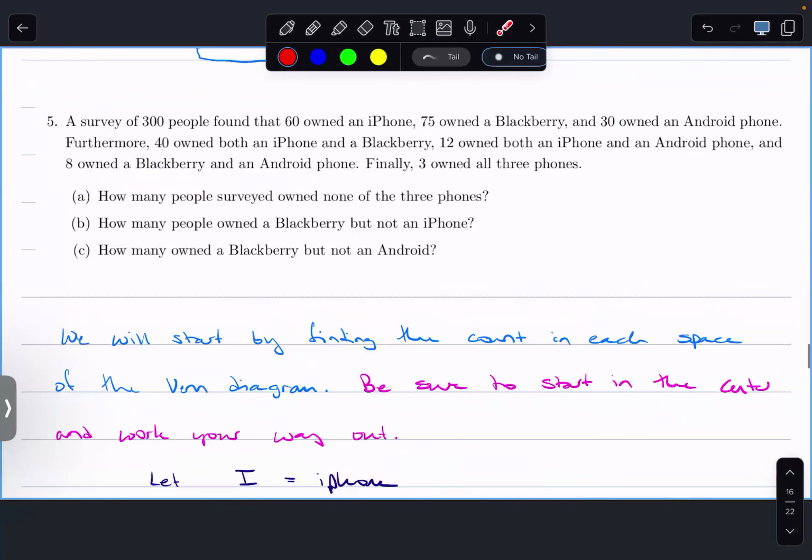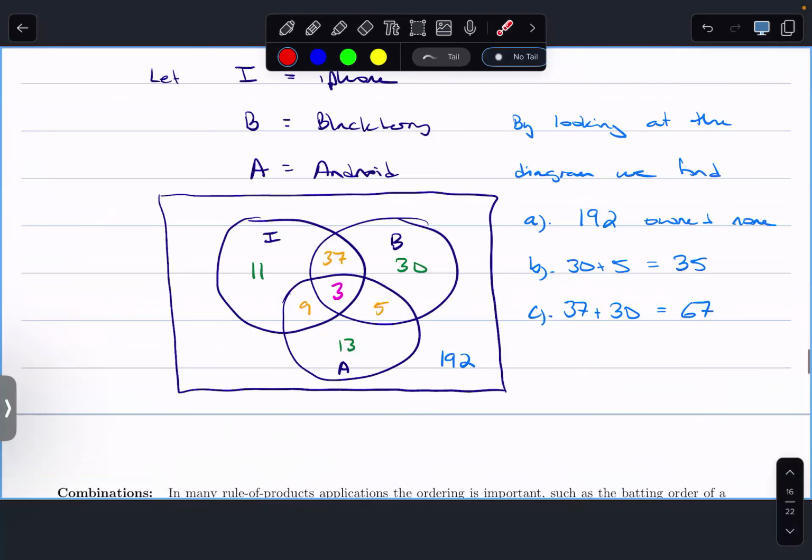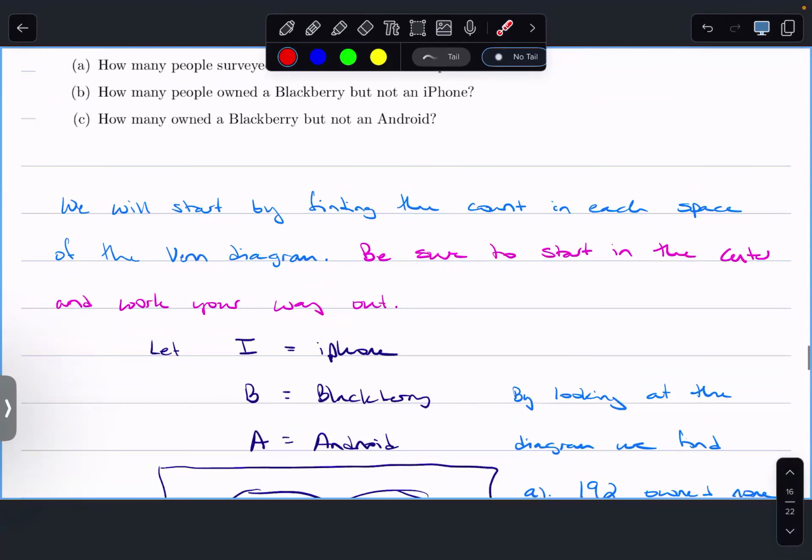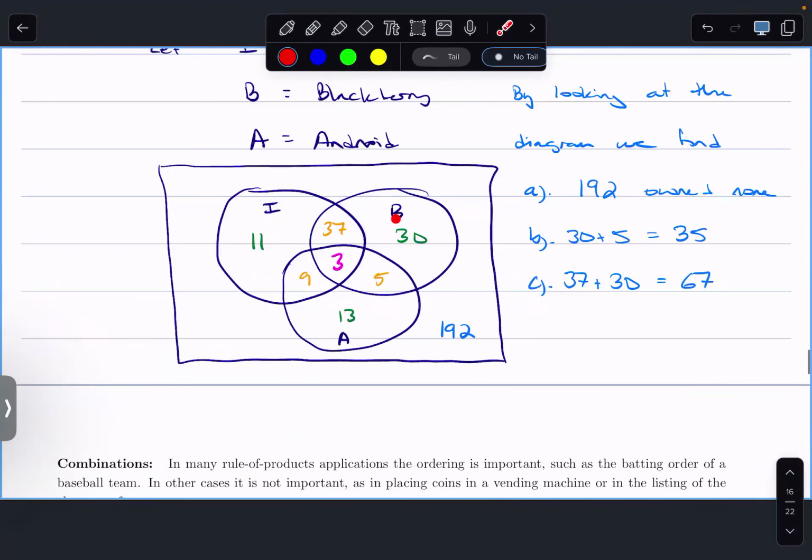Part B, how many people owned a BlackBerry but not an iPhone? That's 30 plus 5. And how many owned a BlackBerry but not an Android? That is 37 plus 30, which is 67.